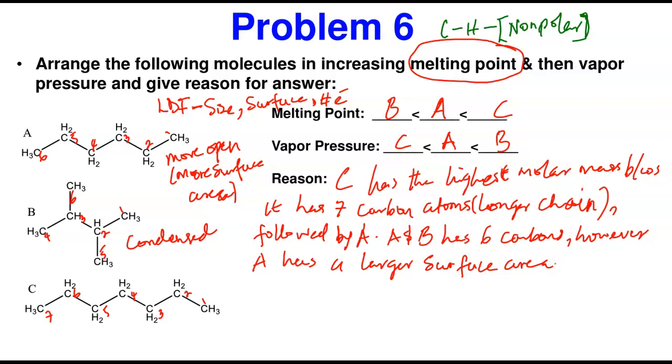It has a higher surface area, and that's why. And B is more condensed.